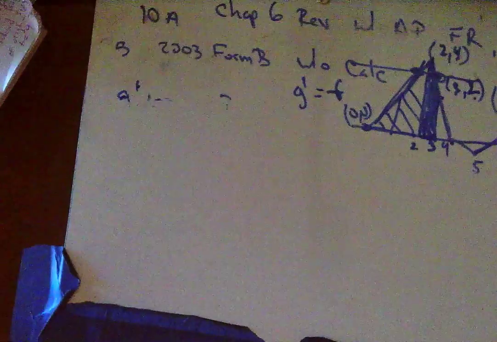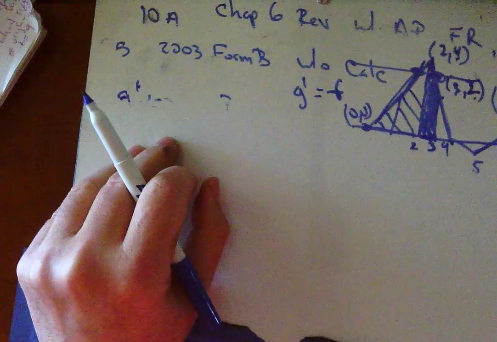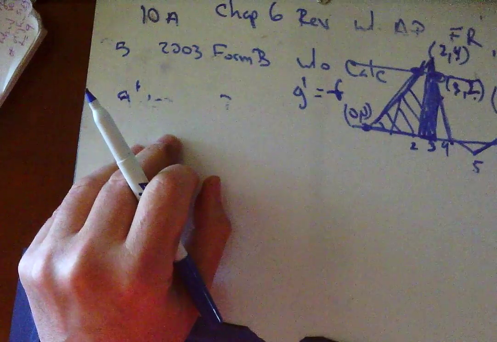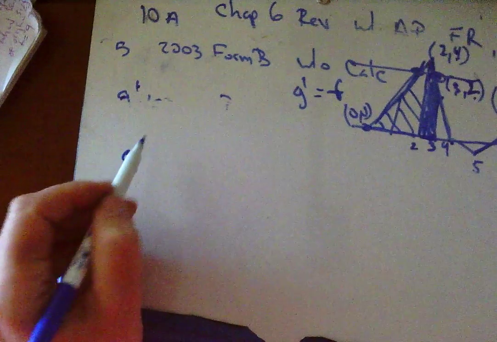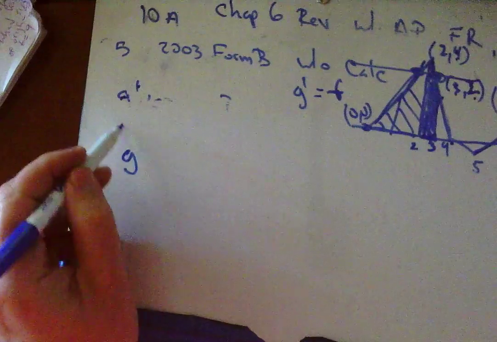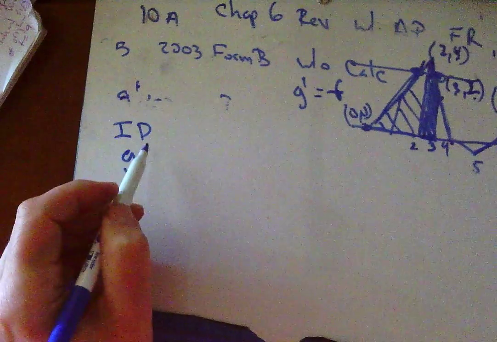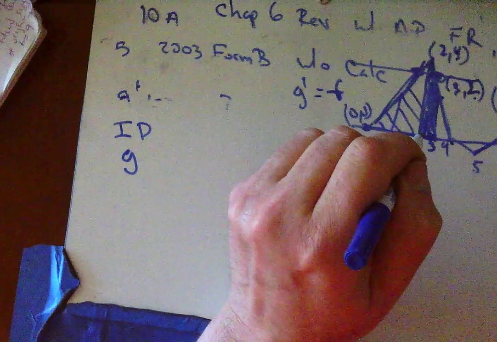Okay, next. D, x coordinate of each point of inflection on the graph of G. So we're looking for inflection points on G, and this is a graph of G prime.